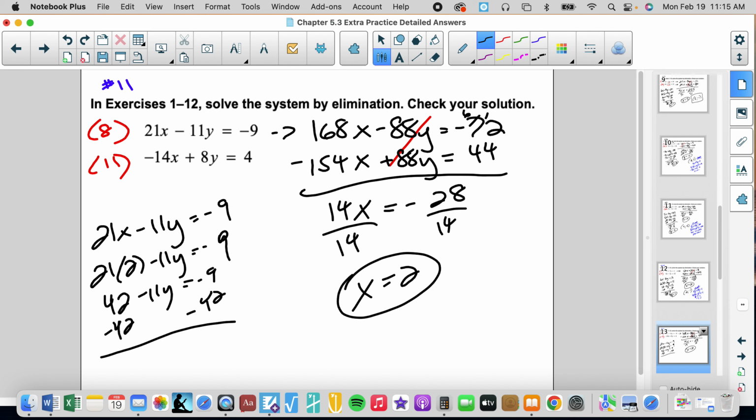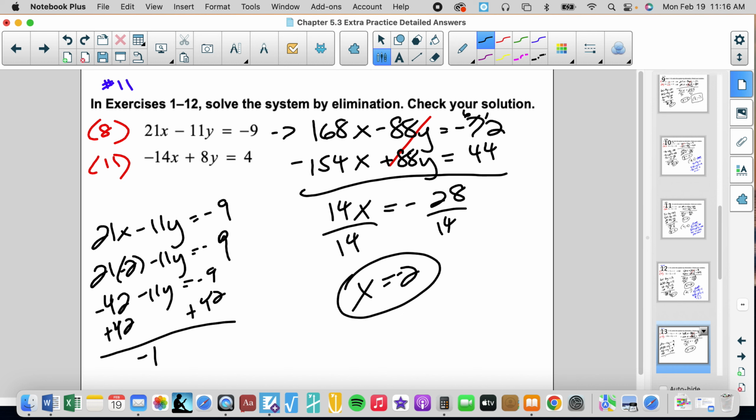Ooh, did I do a mistake? I did. Forgot the negative in negative 28. So I was going to get a fraction here, so that should tell me that I made a mistake.